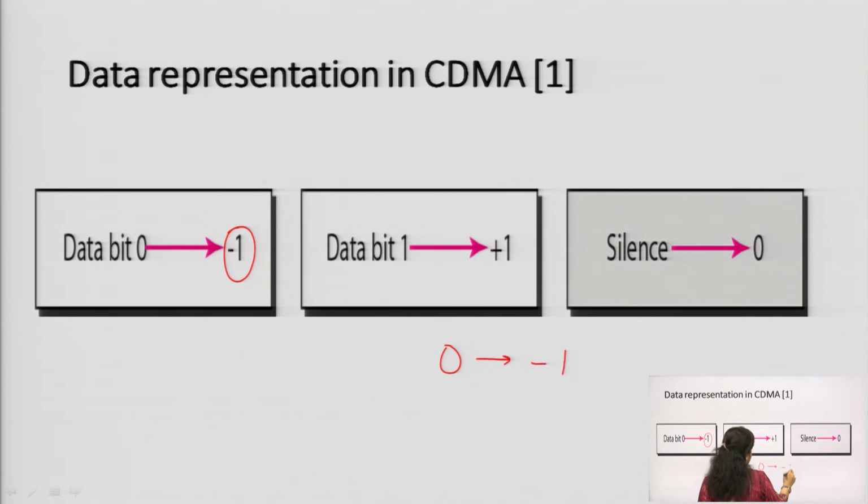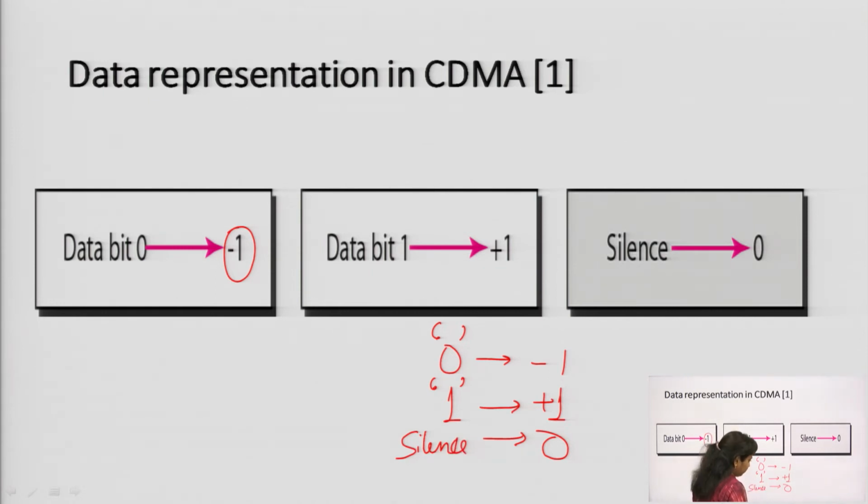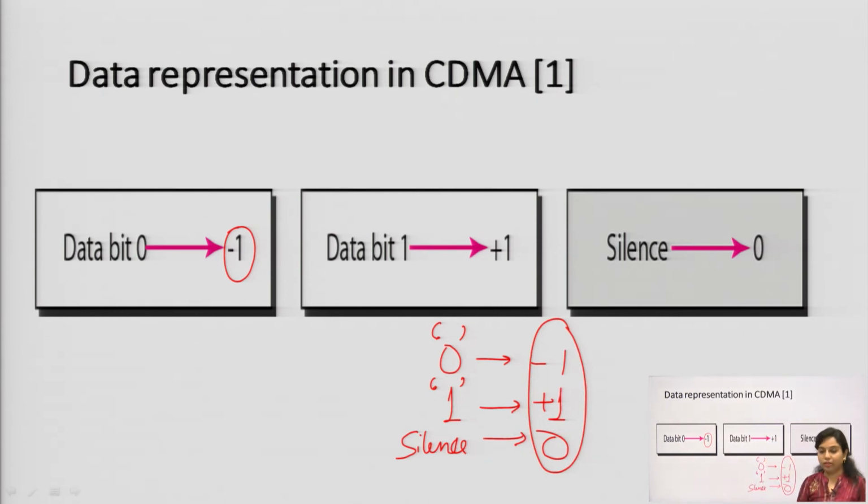A 0th bit is denoted by -1, a 1 bit is denoted by +1, and if there is silence, meaning nothing has to be transmitted, then it is transmitted using the 0 level. So, these are the three different levels that are required for the purpose of transmission of the data.